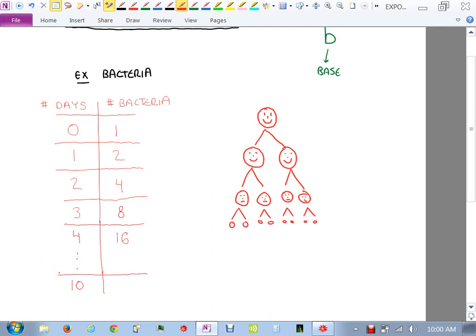So it would take a little bit of work, wouldn't it, to go get that? So the question is, is there a function that when your input is the days, it spits out the number of bacteria, right? Is there a function that describes this sort of behavior?